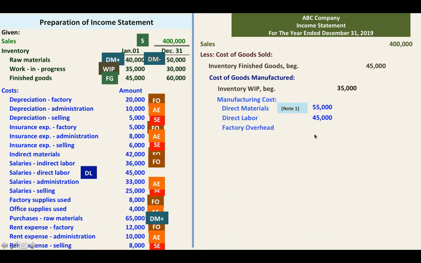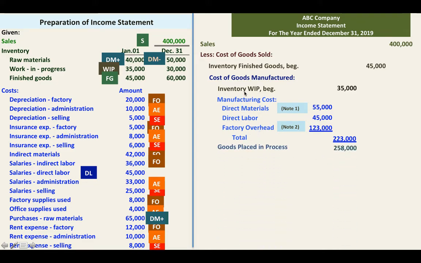And then the factory overhead. We have already calculated the factory overhead in our note 2, and the total is 123,000. So these are all your manufacturing costs, and the total of that is 223,000. In computing your cost of goods manufactured, work in process beginning plus manufacturing cost will give you goods placed in process.